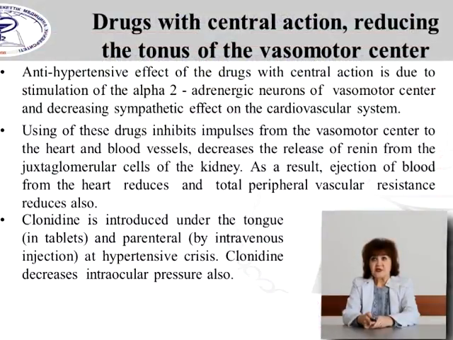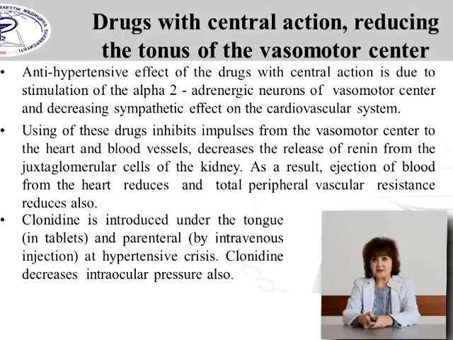Drugs with central action reducing the tonus of the vasomotor center. Antihypertensive effect of these drugs with central action is due to stimulation of the alpha-2 adrenergic neurons of the vasomotor center and decreasing sympathetic effect on the cardiovascular system.